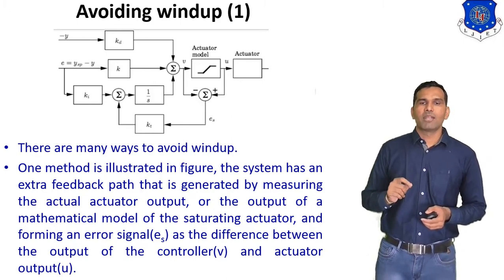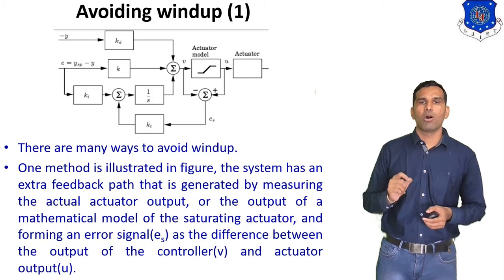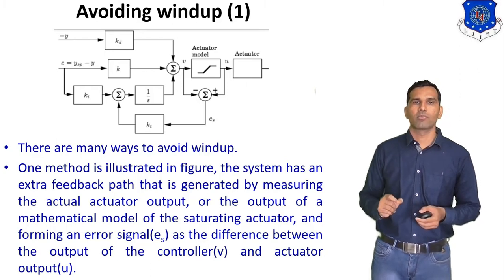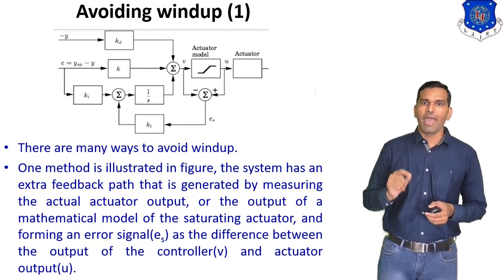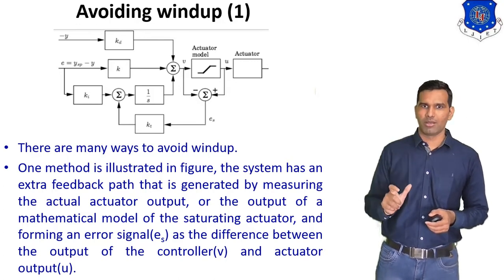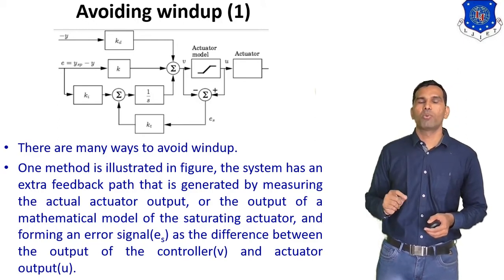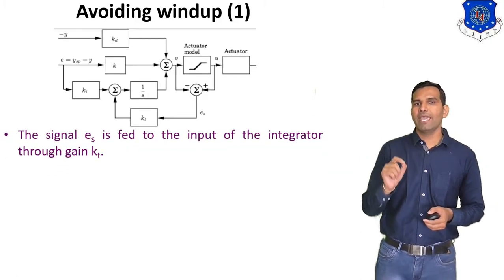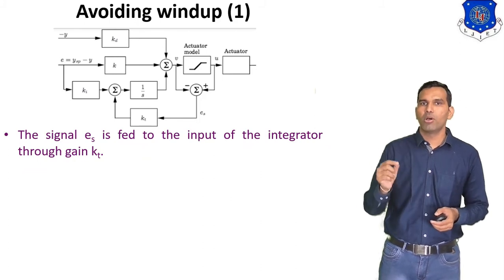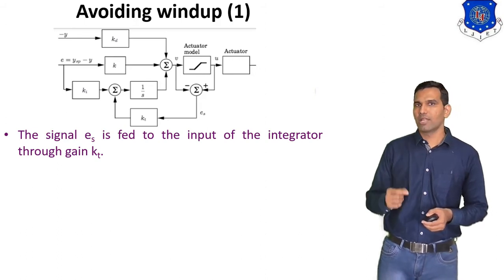That is generated by measuring the actual actuator output, or the output of the mathematical model of the saturating actuator, and forming an error signal ES as the difference between the output of the controller V and the actuator output U. Now the signal ES is fed to the input of the integrator through the gain K. You can see this is the feed.